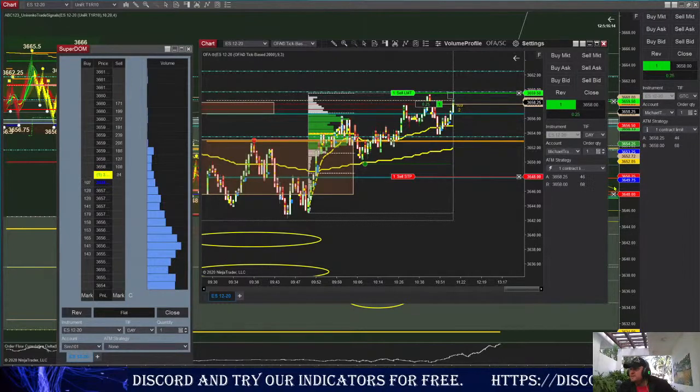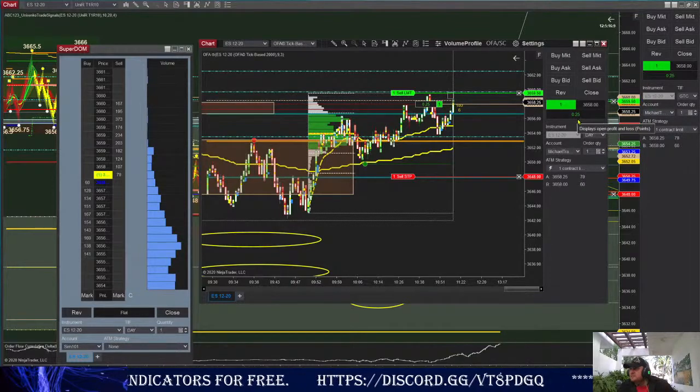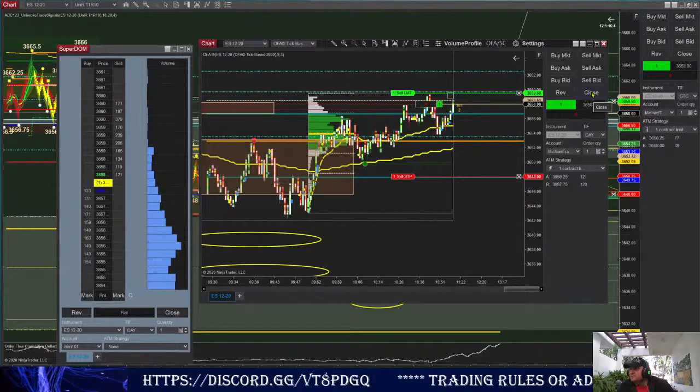So we're at 11,000, 12,000 contracts. It doesn't want to break that level.